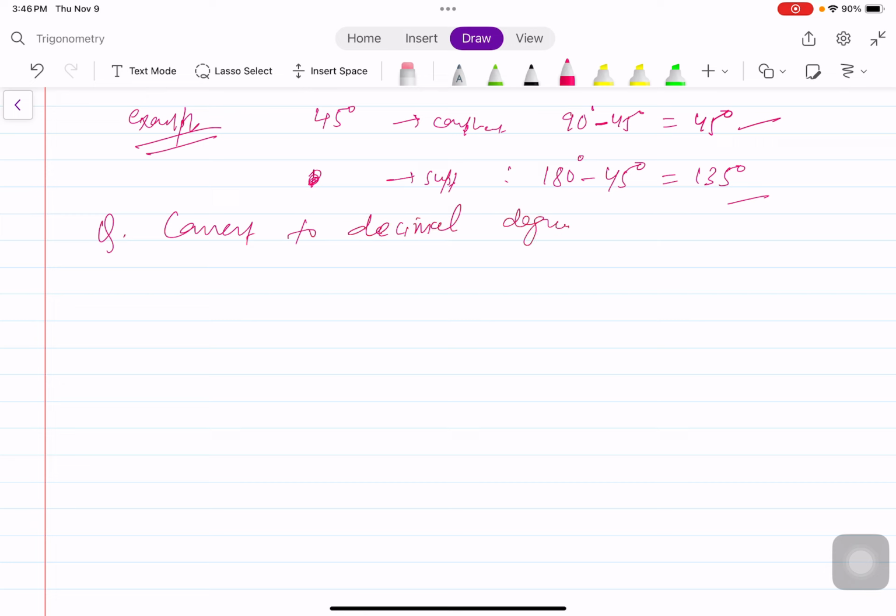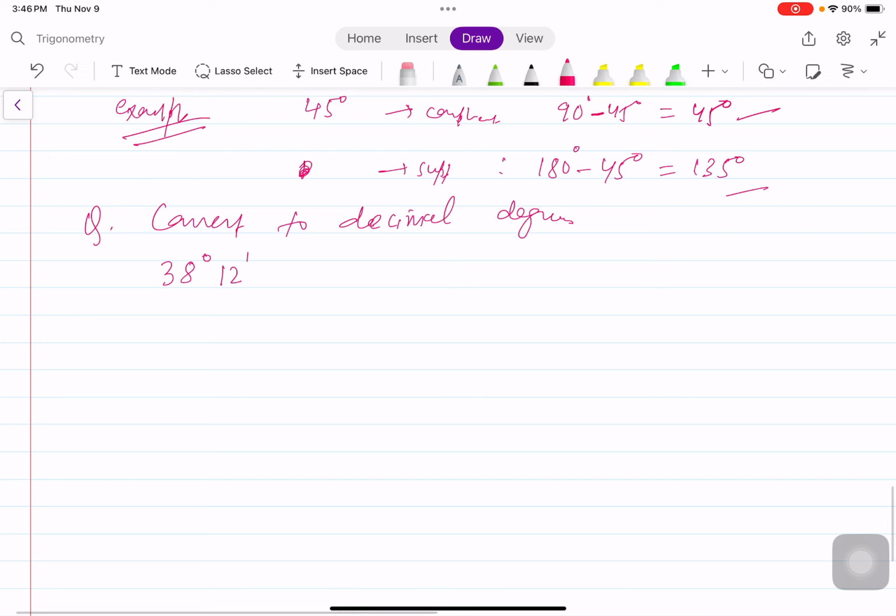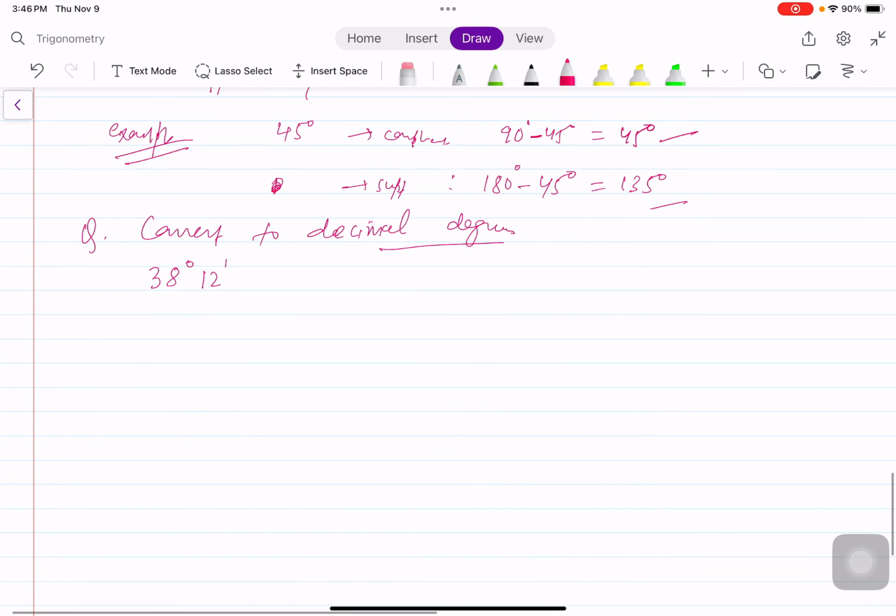Say you are given 38 degrees and 12 minutes. How to convert this into corresponding degrees? Since 38 is already in degrees, you only change the 12 minutes to degrees. So how do you write it?